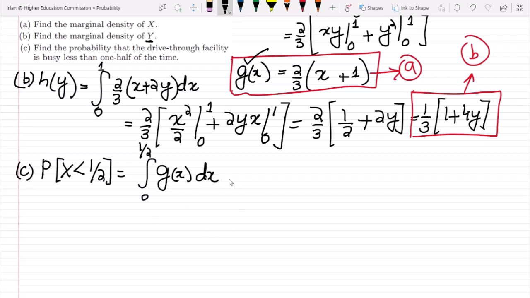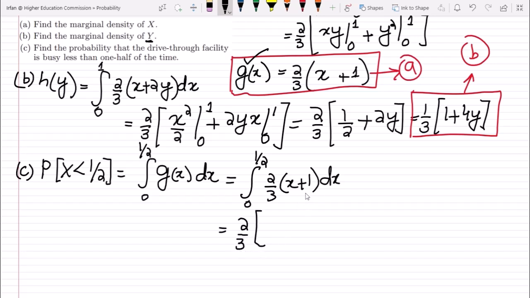Okay, so now putting values here, and the values are given here. So here I will get the integral from 0 to 1 by 2 of (2 by 3 x plus 1) dx. Now here it will become 2 by 3, and integrating it, this x will become x square divided by 2 from the range 0 to 1 by 2, and here it will become x from 0 to 1 by 2.